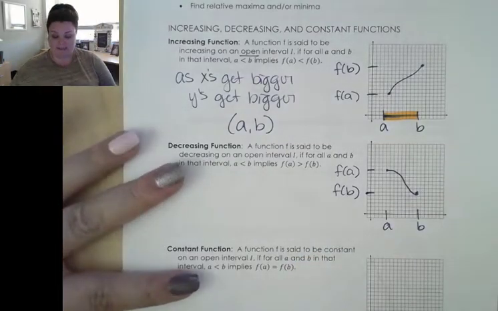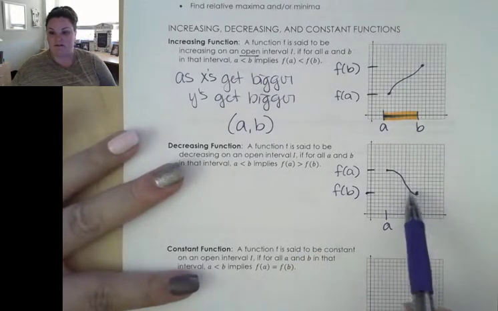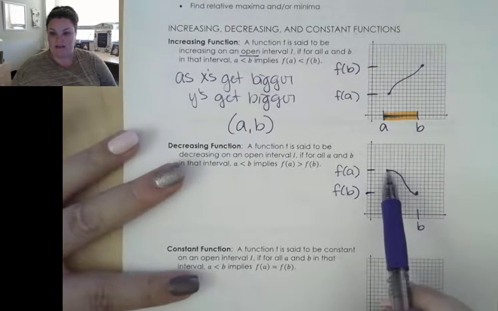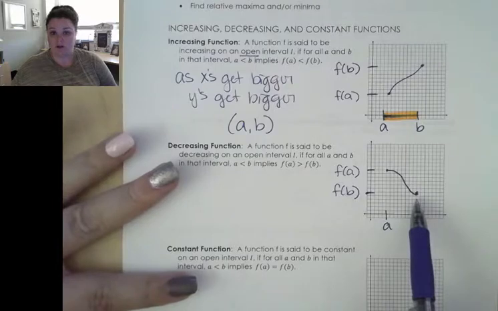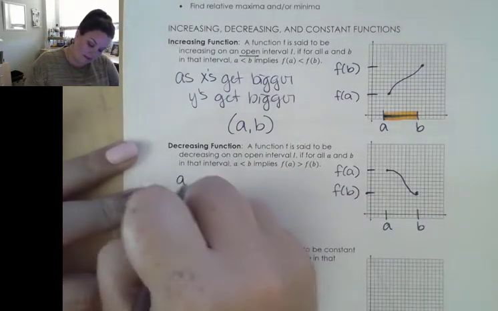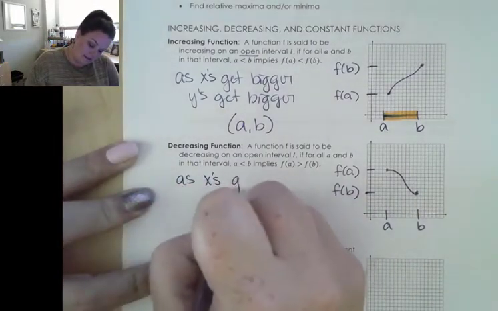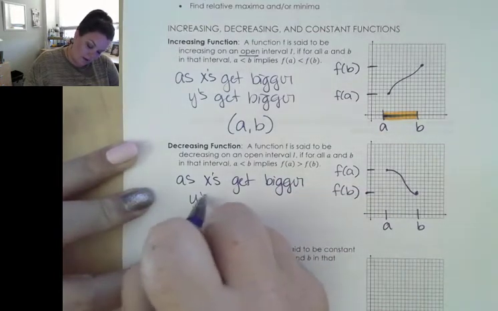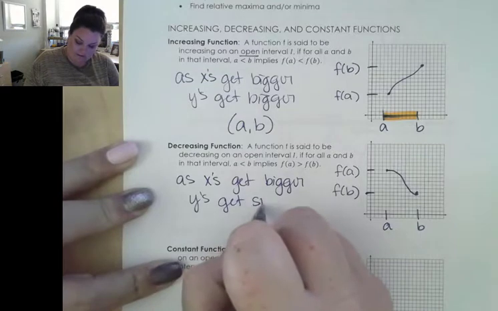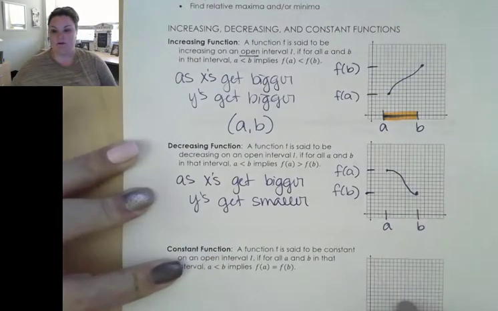Or you can think about it as I trace it with my pen or my finger from left to right, as my x's are getting bigger, my y's are starting to fall, or they're getting smaller. As x's get bigger, my y's get smaller.